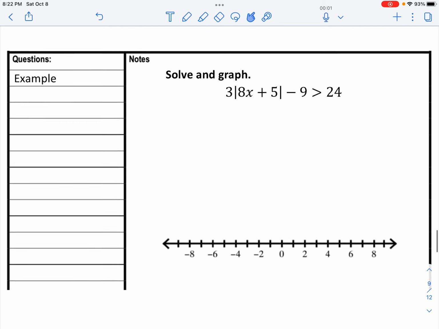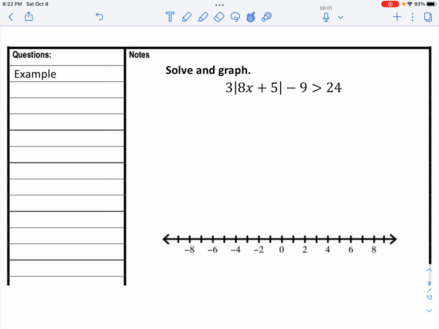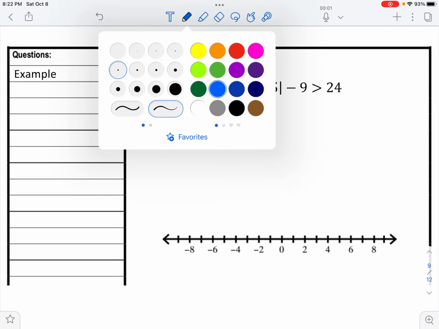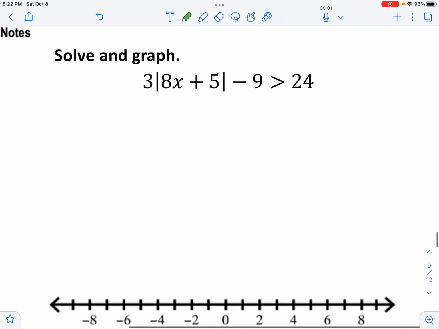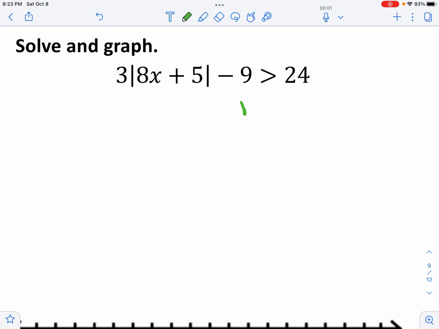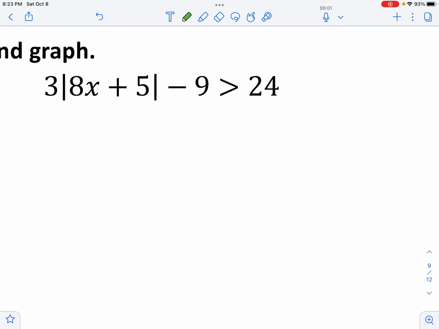Let's try a couple more and just make sure that we understand how this process works with a little bit more complicated ones. So again, trying to get the absolute value bars by themselves first, right? I got to get rid of this first before this. So I'm going to add 9. Okay.